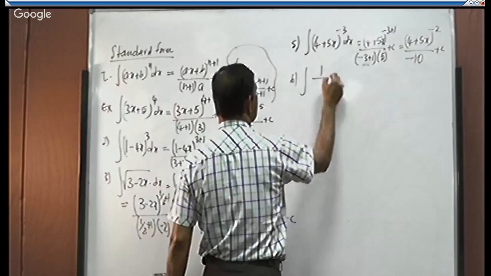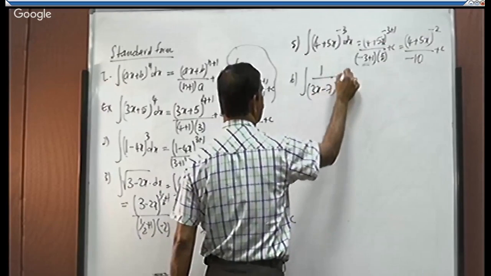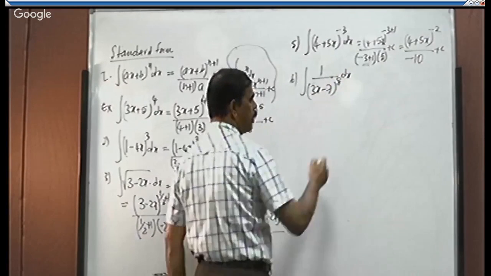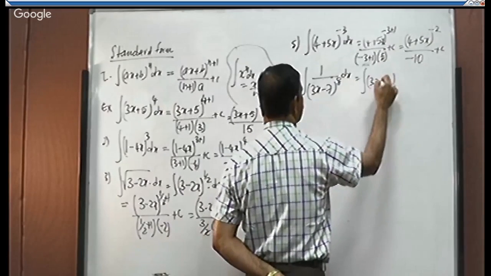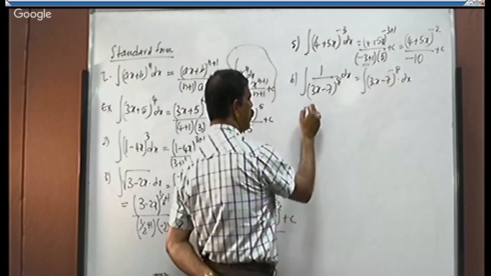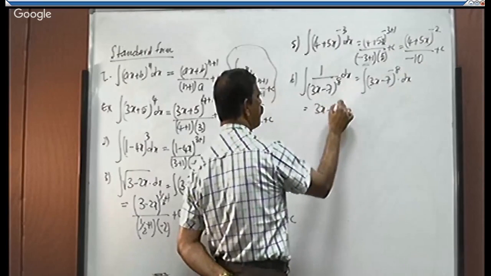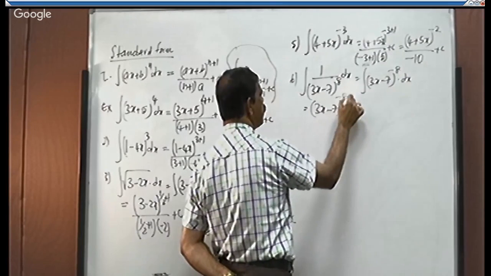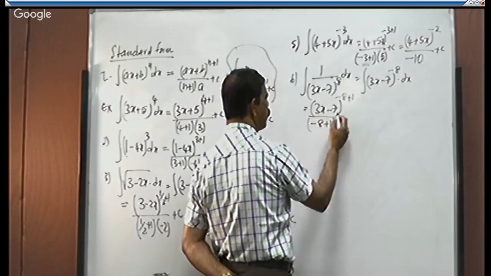Integration of 1 divided by (3x minus 7) to the power of 8. How do you do this? It can be taken as (3x minus 7) to the power of minus 8 dx. Now integrate (ax + b) to the power of n: (3x minus 7) to the power of minus 8 plus 1, divided by minus 8 plus 1, into the x coefficient.